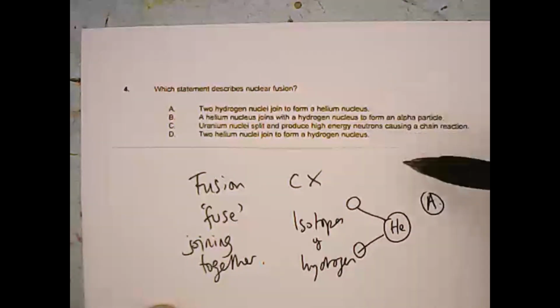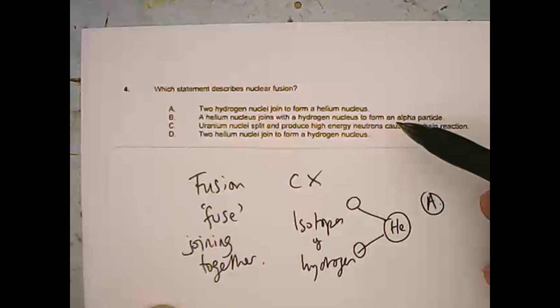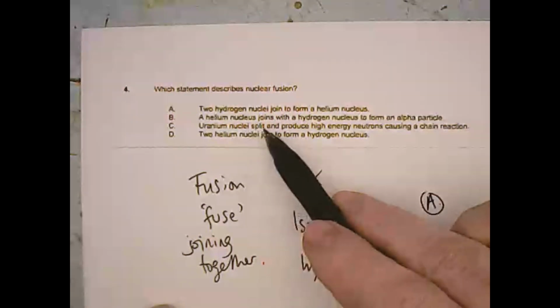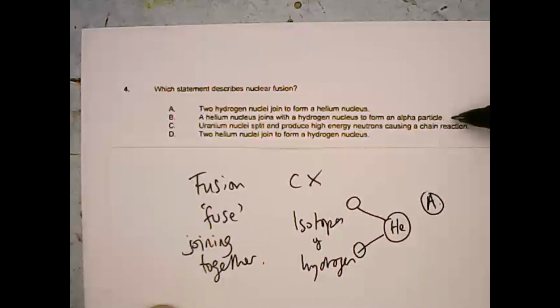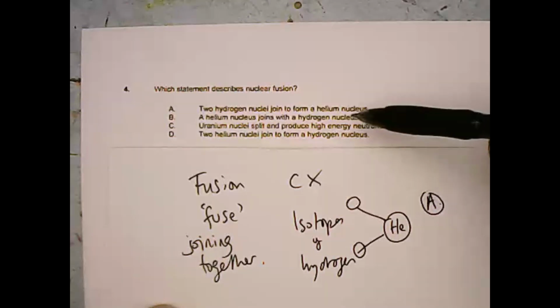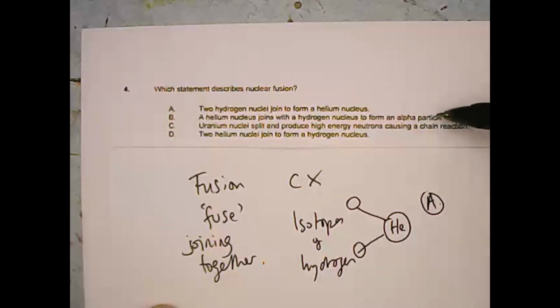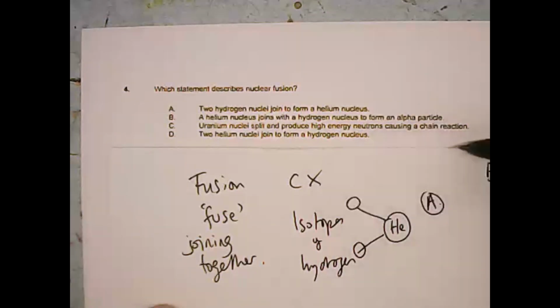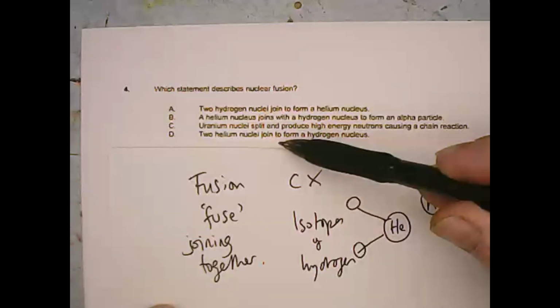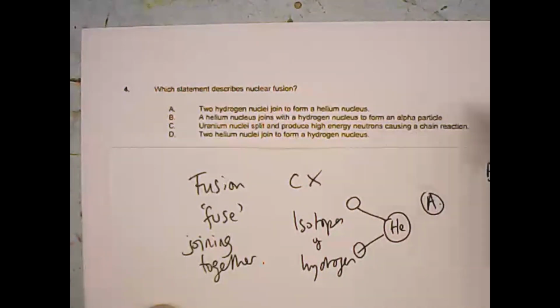But let's have a quick read through to make sure that there isn't anything else that might be feasible. A helium nucleus joins with a hydrogen nucleus to form an alpha particle, and an alpha particle is a helium nucleus. So that's like saying a helium nucleus joins with a hydrogen nucleus to form a helium nucleus. It doesn't make any sense, so it's definitely not B. We've already discounted C. Looking at D, 2 helium nuclei join to form a hydrogen nucleus.